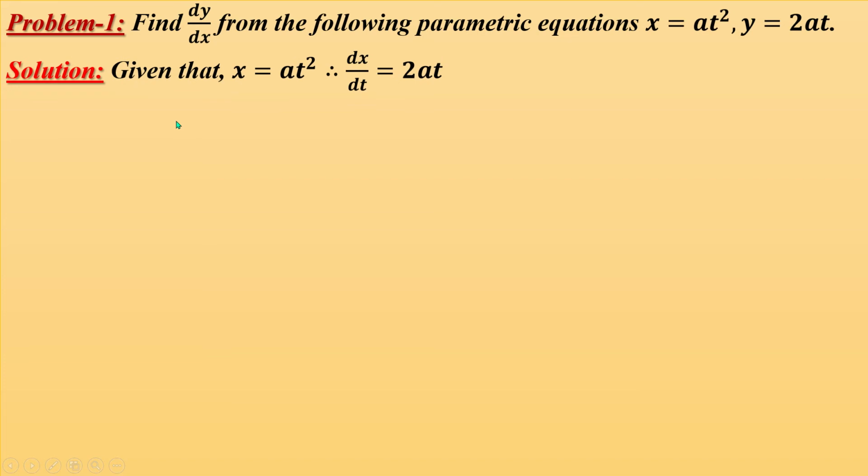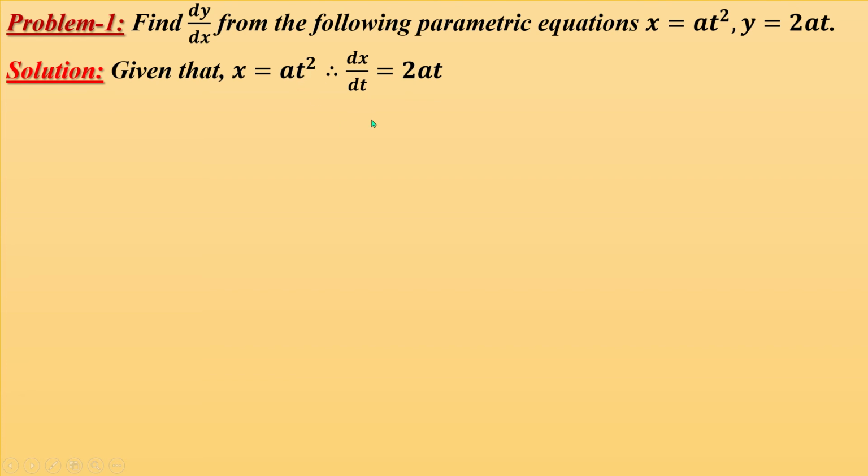Problem. Find the derivative of y with respect to x from the following parametric equations: x equals a t square and y equals 2a t. Here x equals a t square, therefore the derivative with respect to t is 2a t, as here t is a variable.